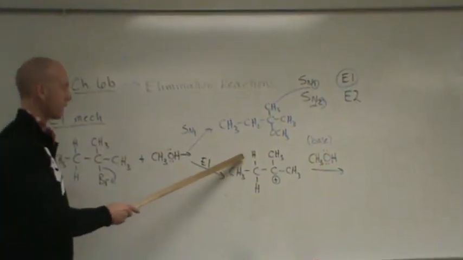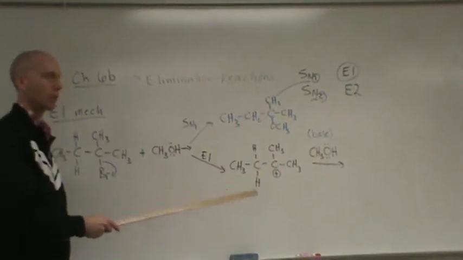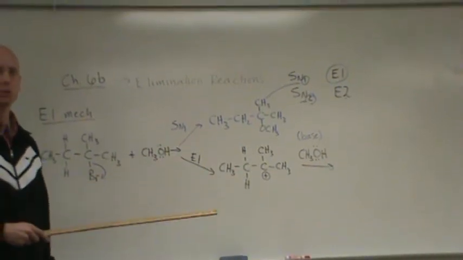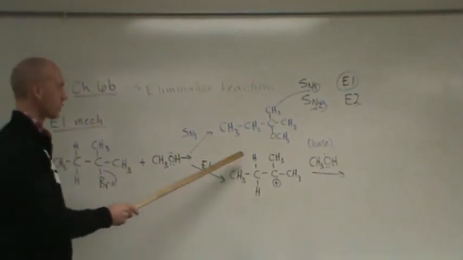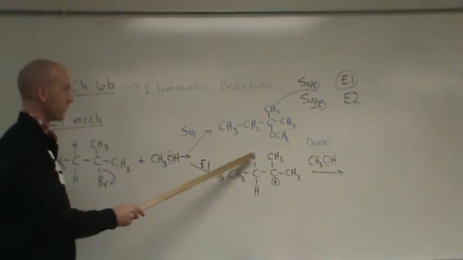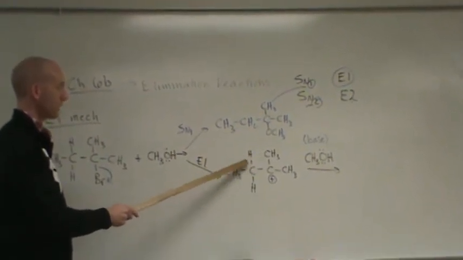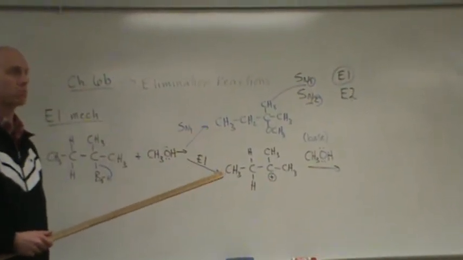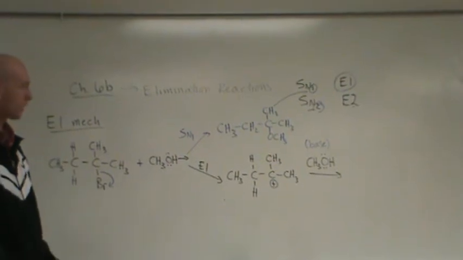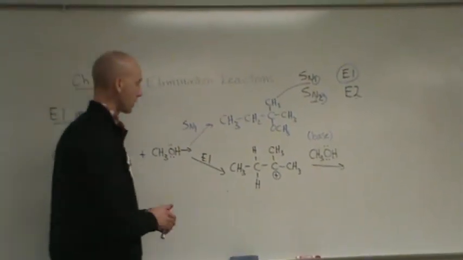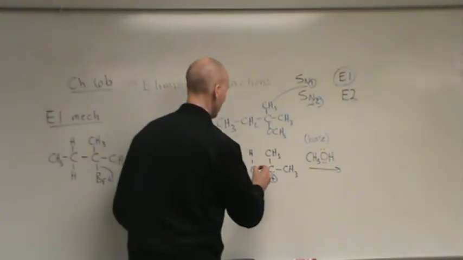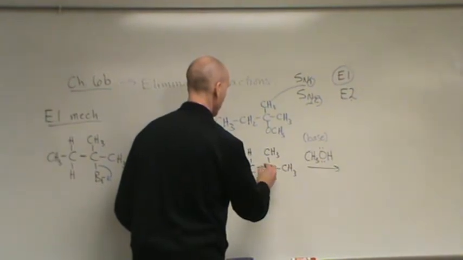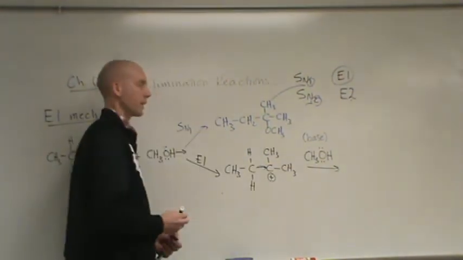Well, if you look, I've highlighted these two, what? Beta hydrogens. Okay? So I must have done that for a reason. Yes, the reason is these turn out to be acidic. How is that? Well, remember this carbocation, it's pulling electron density toward it.